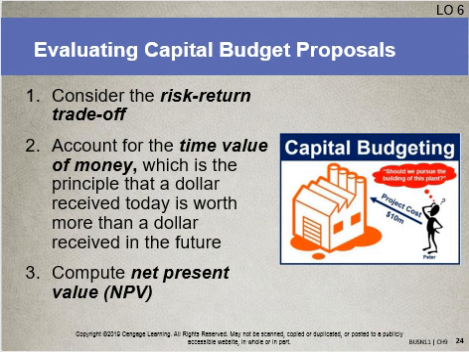So financial managers will compute net present value to evaluate capital budgeting proposals. Remember this, if net present value is positive, that means that the present value of the expected cash flow from a project is more than the cost of the project.